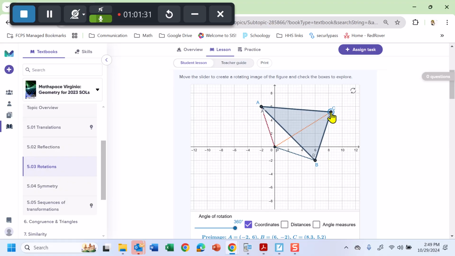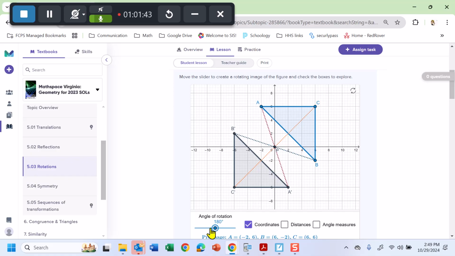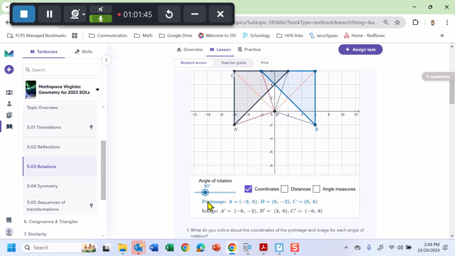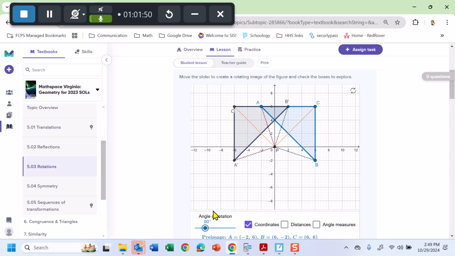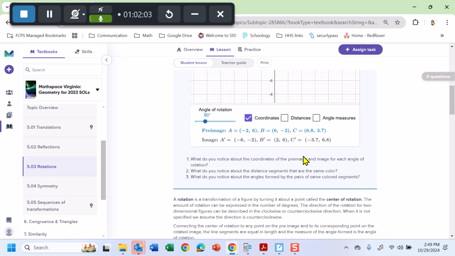So if I wanted to see what this shape looks like when it's rotated, I can ask it to rotate to 70 degrees, 180, 90 degrees. I don't think I can pick counterclockwise or clockwise. So Brady, that kind of brings back your question about, is it always counterclockwise or clockwise? So it's kind of cool to be able to see what ends up happening. I encourage you to go to MathSpace to play with them.